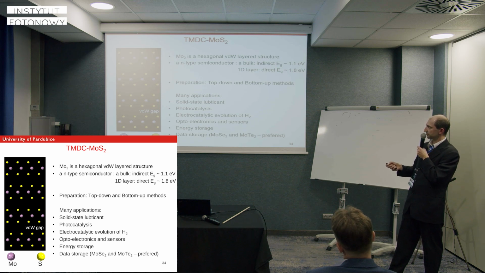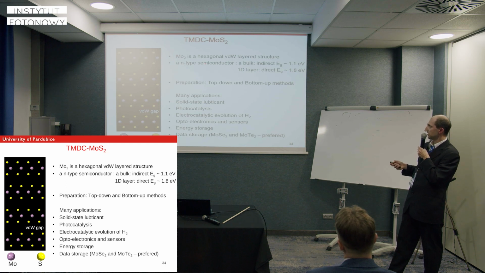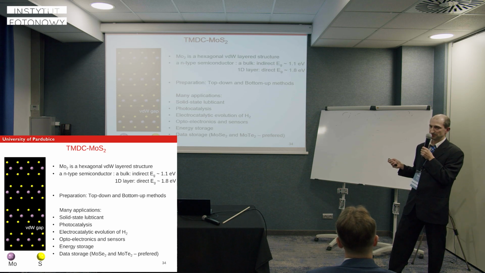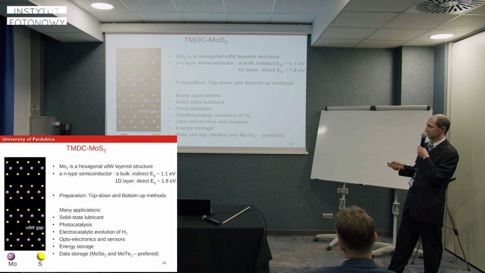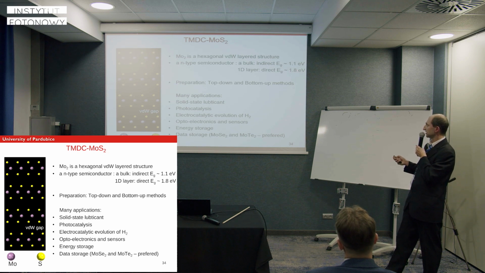So this is a covalently bonded triple layer, which is then bonded with a weak van der Waals interaction. What we can see is an N-type semiconductor, and the bulk has an indirect band gap of about 1.1 electron volts, but the one-layer structure is a direct band gap structure, which has a band gap of about 1.8 electron volts.